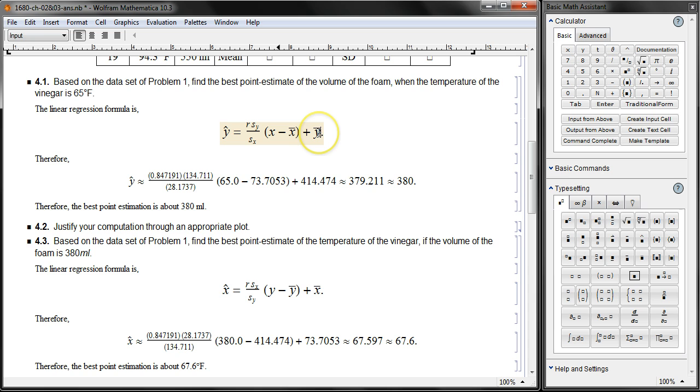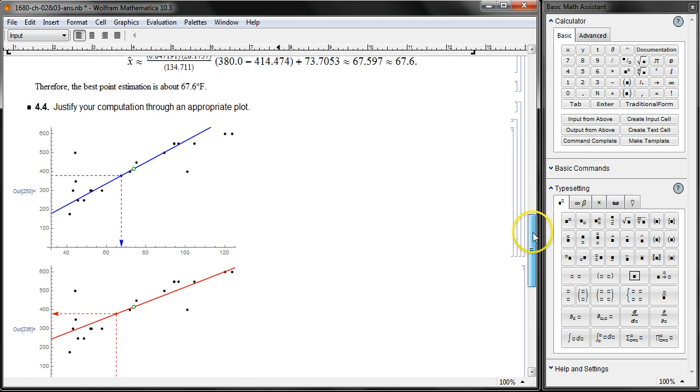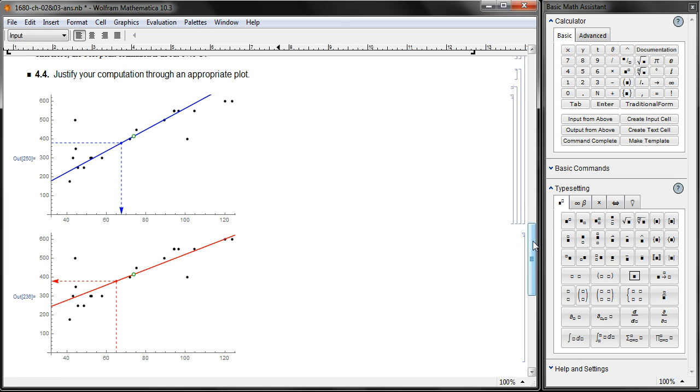This is the red line, and that's the blue line. Consequently, we have a slightly different result. Start from 65, instead of coming right back to 65, we came back to about 67.6. You're looking at the so-called regression effect.